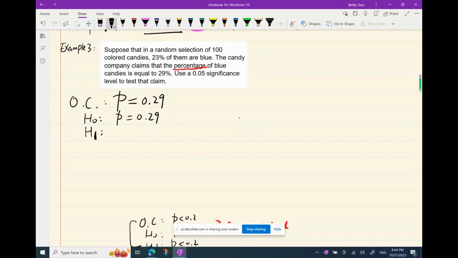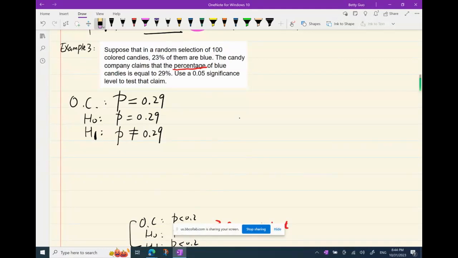And what about the alternative? How do we determine it? Are we going to have bigger than, less than, or not equal to? It doesn't say bigger than or less than. If we don't see any information like that, we are going to have a two-tailed test. The alternative is p is not equal to 0.29.